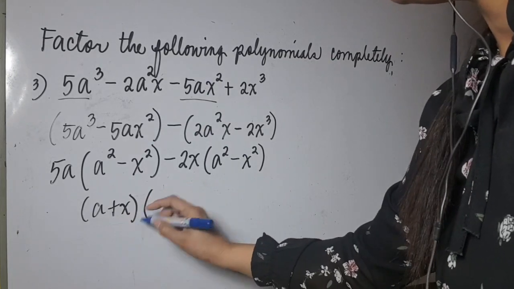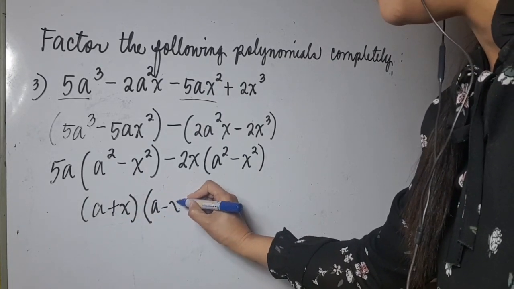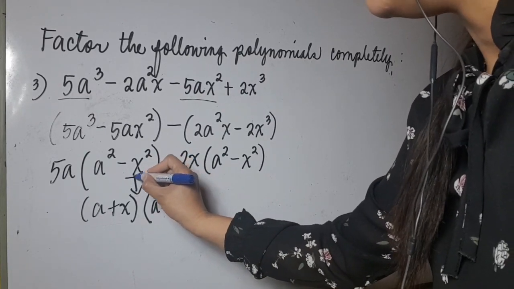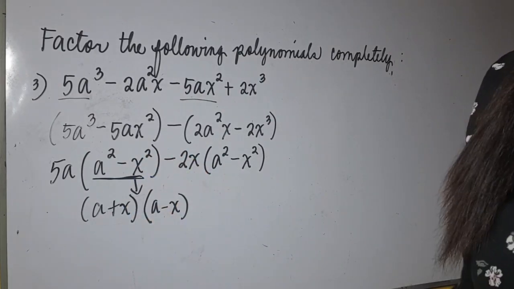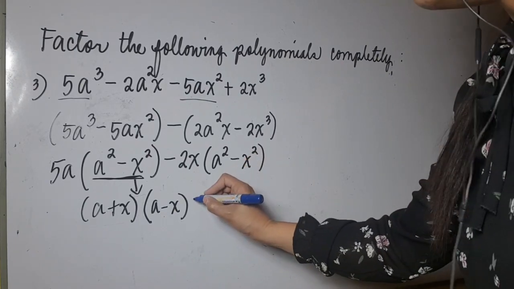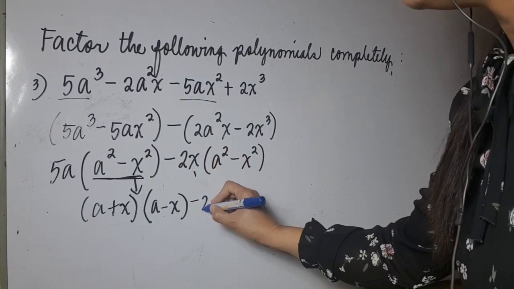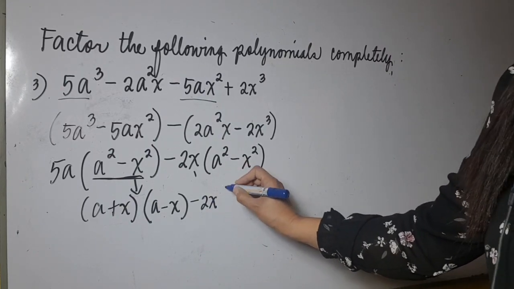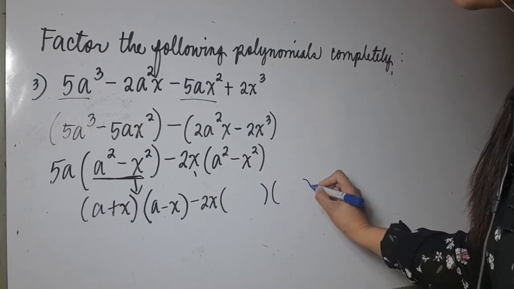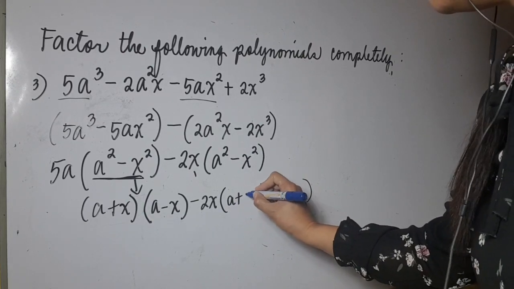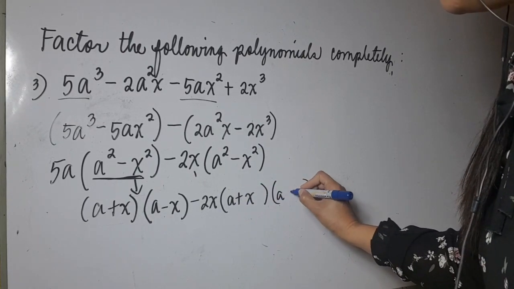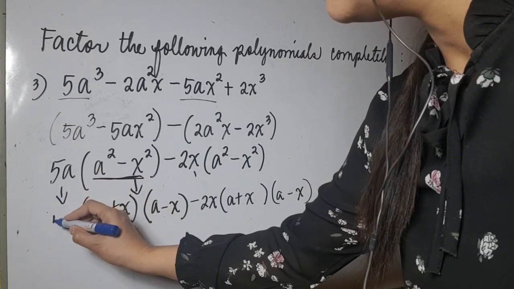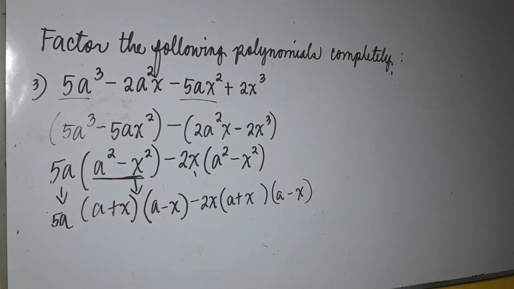A plus x times a minus x as the factors of this factor. Okay, minus, you bring down the 2x, and then this is a difference of 2 squares. So the factors are a plus x, a minus x. And then you don't forget to bring down the 5a here.